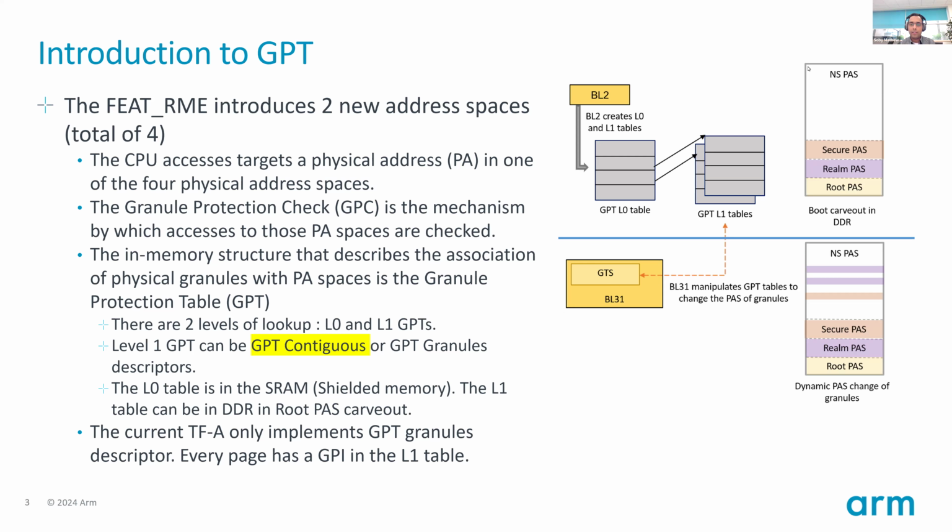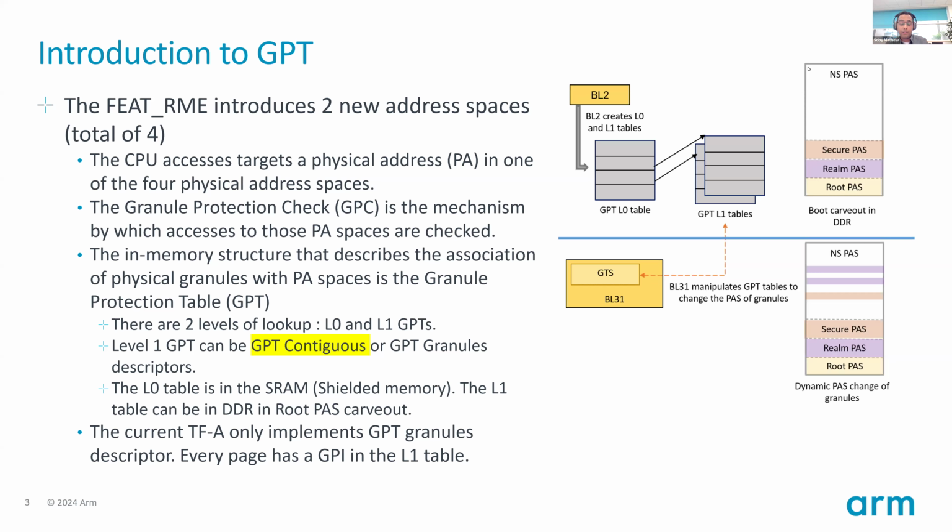The permissions are set such that we have boot carve-outs for each of the different security states. There is the secure PAS where the secure firmware runs from, the realm PAS, which is for the RMM, and the root PAS, which is for use by EL3 firmware.